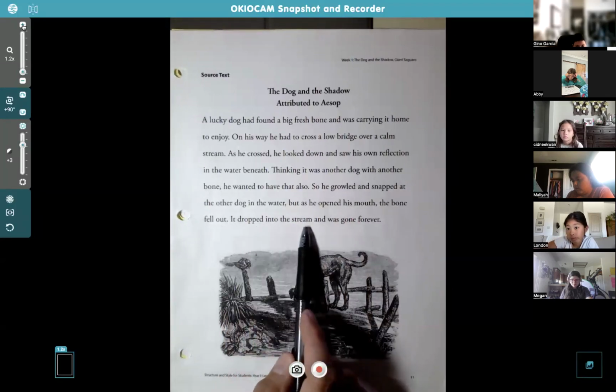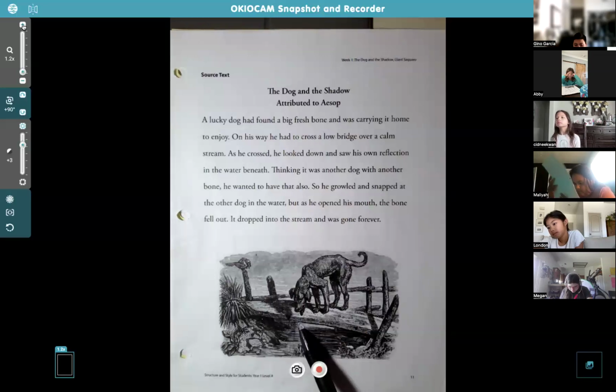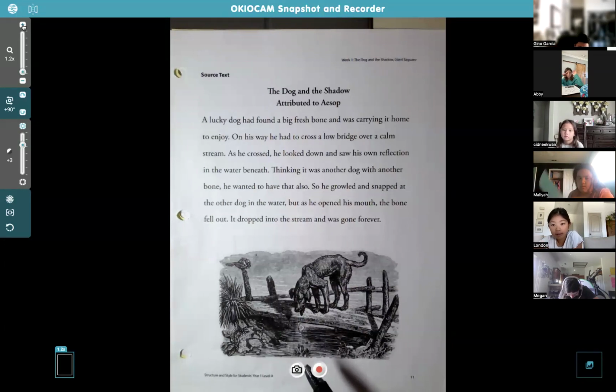It dropped into the stream and was gone forever. And if you look carefully, you can see the bone right here. He dropped it because he was growling and opened his mouth at the other dog, but it really wasn't another dog. It was himself, right? He thought it was another dog.